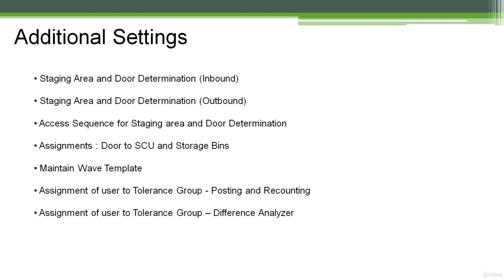In order to post physical inventory documents and post entries in the difference analyzer, we should be assigned tolerances. We are going to make sure the user ID that we are going to use for testing the physical inventory process has the required tolerance group assigned to it.